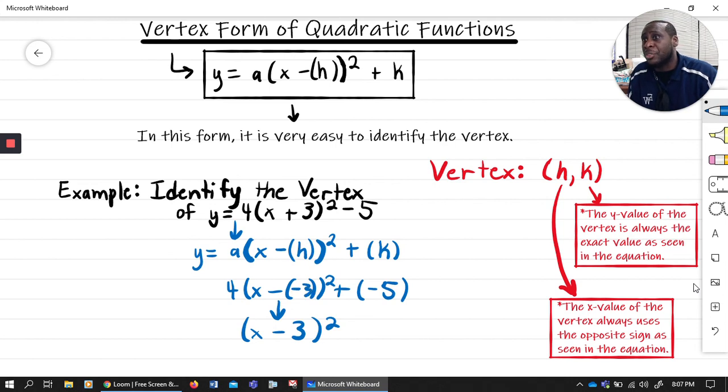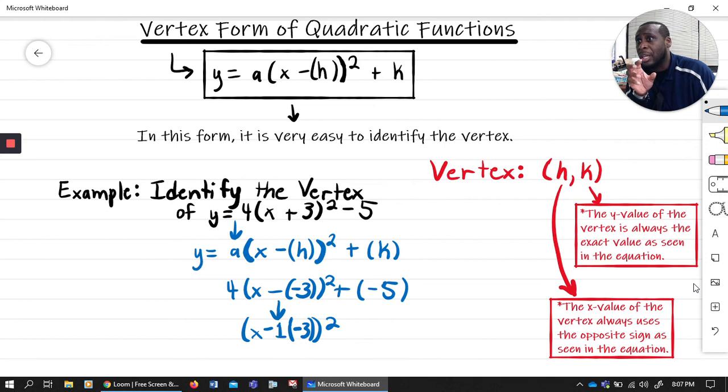So h is negative 3, and again, if we simplify it this way, where h is negative 3, the only way for us to simplify that, guys, is, and you realize already what the coefficient is on the outside of the inside set of parentheses, right? The coefficient there is a 1.